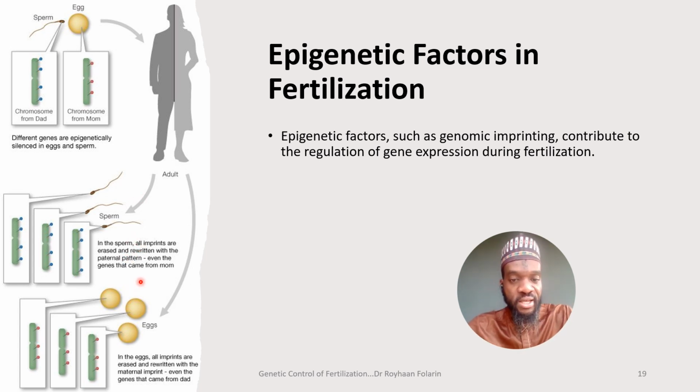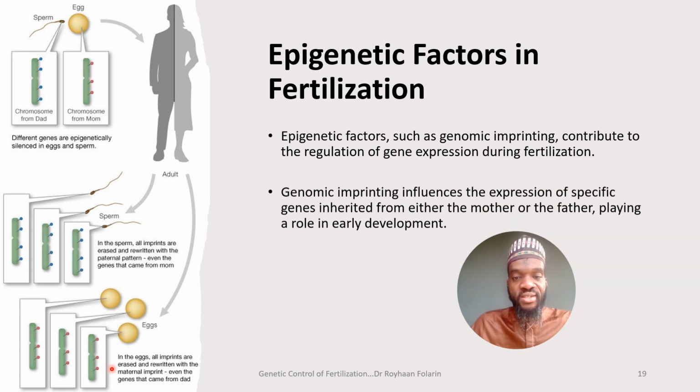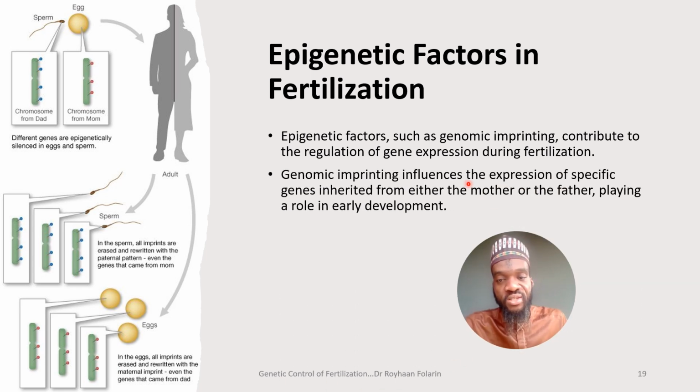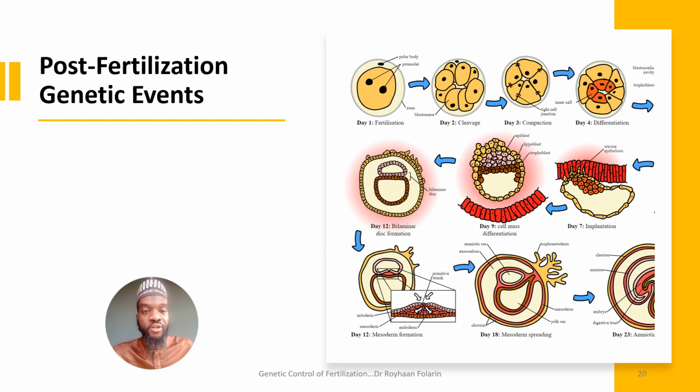Even the genes that came from the mom get the imprints erased and rewritten with the paternal pattern, while in the eggs, all imprints get erased and rewritten with the maternal imprint, even the genes that came from the dad. So that's why genetic imprinting is able to influence the expression of specific genes that are inherited from either the mother or the father, and thereby plays a role in early development.